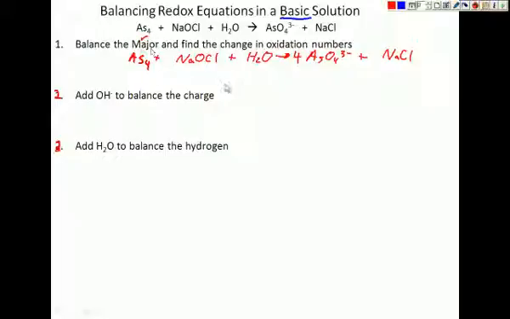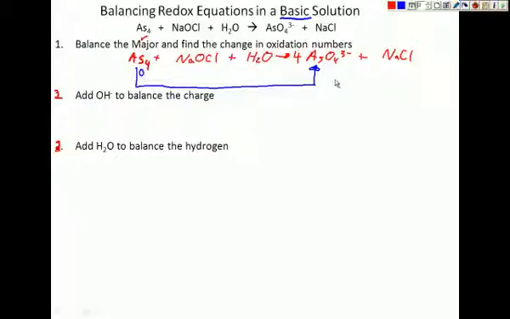Check. Now we're going to find the change in oxidation numbers. So let's take a major like this one, As4, one that we just finished balancing. And let's see how it changes when you go from here to here. So this has an oxidation number of 0.